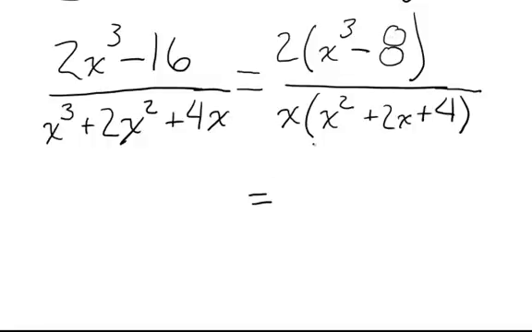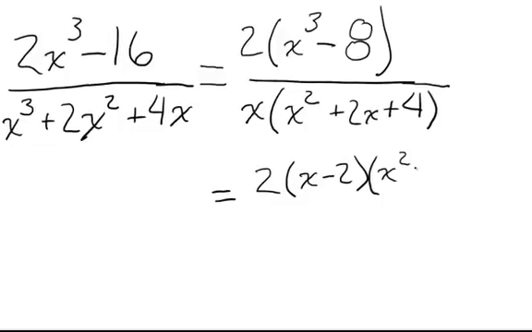If you've forgotten how to factor sums and differences of perfect cubes, there's a video on that under the basic skills. So let's go ahead and factor that numerator. This is 2 times x minus 2 times x squared plus 2x plus 4.